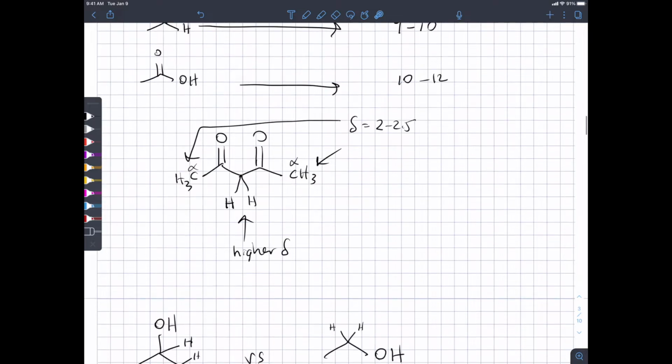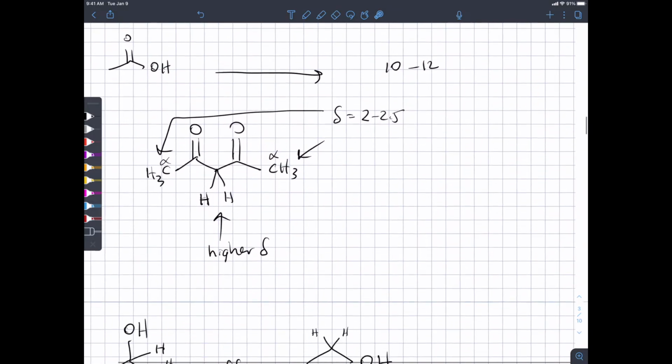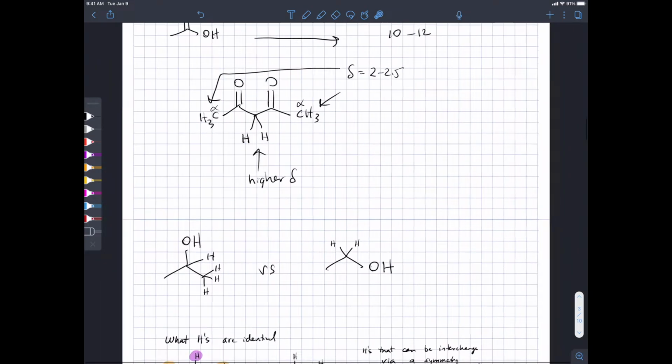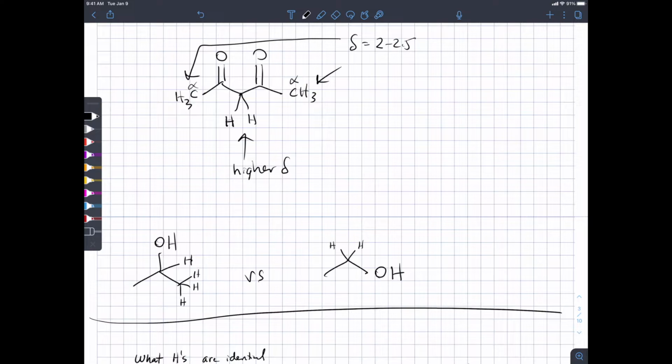Some of these effects are additive. So, for example, you would expect these two protons that are alpha to two carbonyls to be more de-shielded and have a higher chemical shift than protons that are alpha to just one carbonyl, and so on. All right, so that's chemical shift, which tells us about environment.